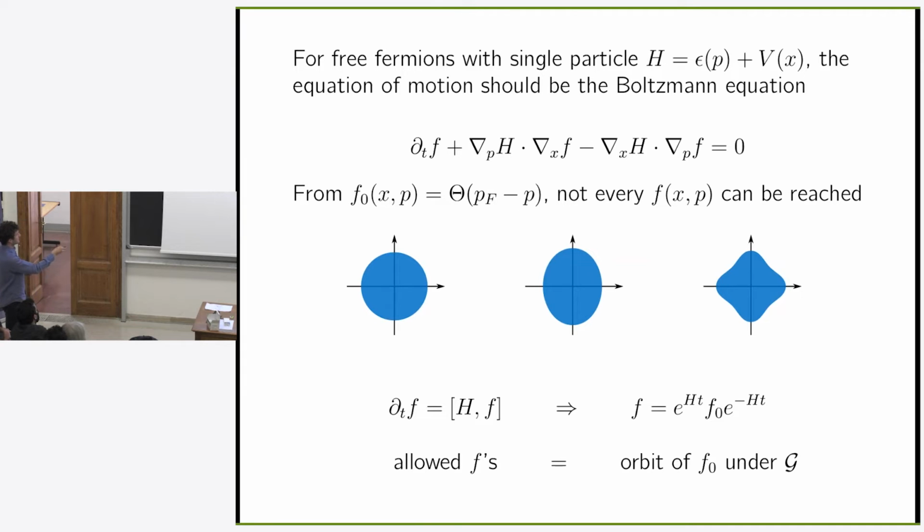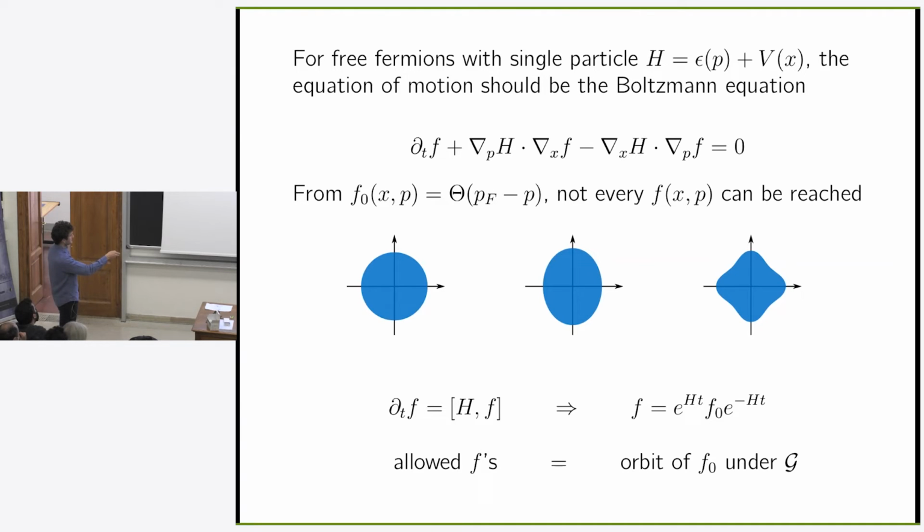So I can write this equation schematically like this, make it look like the Schrödinger equation. In fact, this commutator is really just the Poisson bracket of these two functions. And so you can formally integrate it by just exponentiating this commutator and starting from some seed states. So the possible f's we can reach are basically the orbit of the seed state under some group.